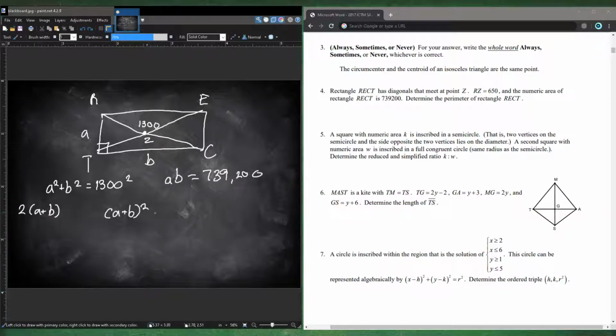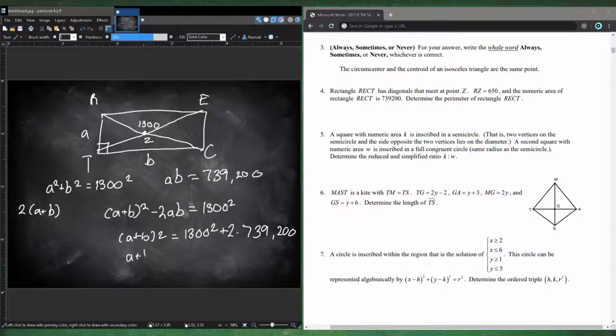So we know what A squared plus B squared is. That's 1300 squared. So then we know A plus B squared is equal to 1300 squared plus 2AB. And our AB is this number, so it's just plus 2 times 739,200.